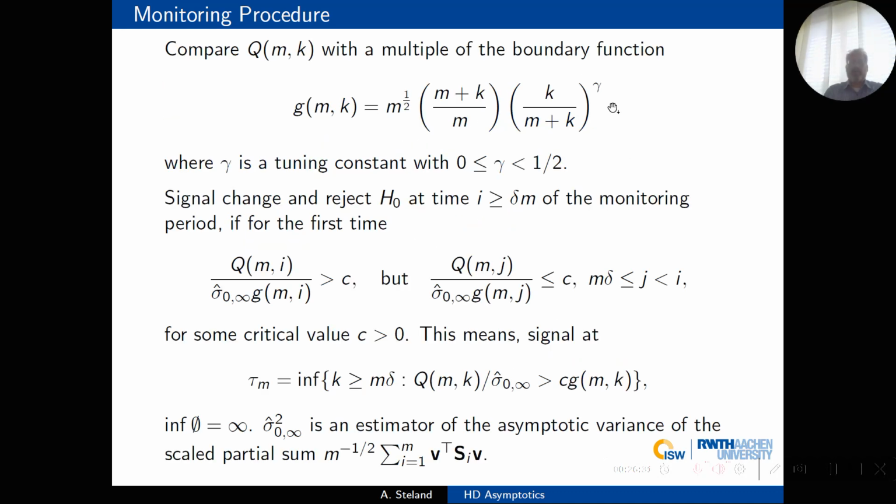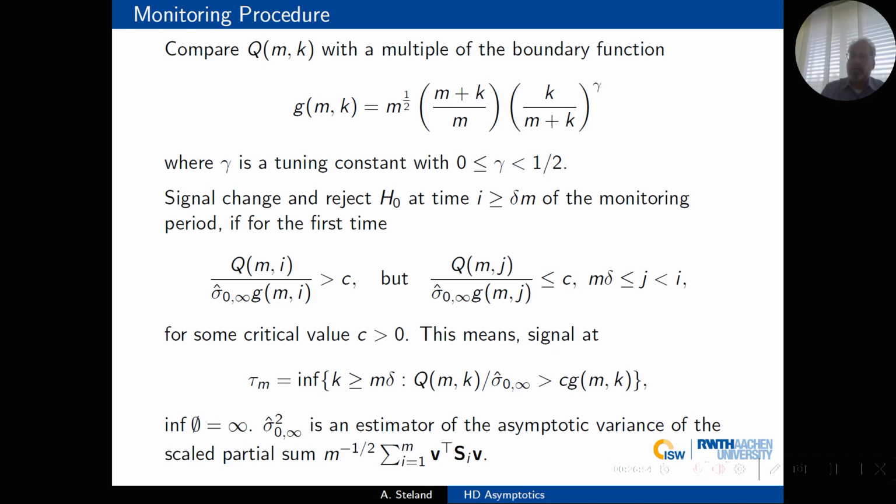And we compare this CUSUM statistic with a multiple of a boundary function. This is the class of boundary functions which has been proposed in related previous work. It is quite well known that this boundary function works relatively well.